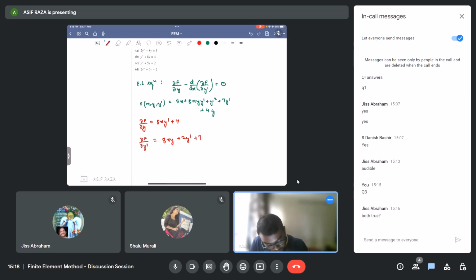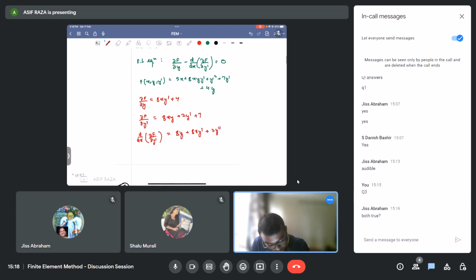Now we need to find the derivative of this del f by del y prime. So this would be equal to 8y plus 8xy prime plus 2y double prime.